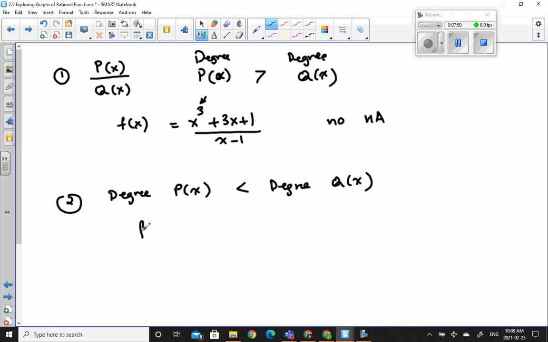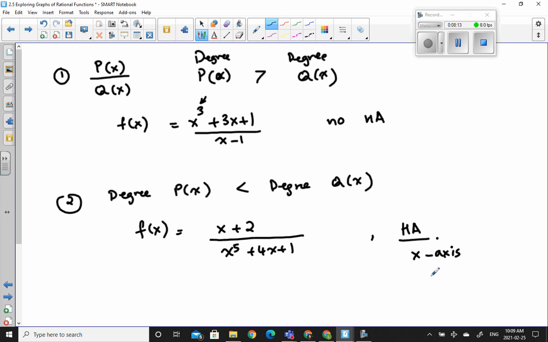So let's say your f of x is like this: x plus 2 divided by x to the power 5 plus 4x plus 1. You can see the degree of the numerator is 1 and the degree of the denominator is 5, so the degree of the numerator is less than the degree of the denominator. Then by default, the horizontal asymptote is always going to be the x-axis, which has the equation y equals 0.